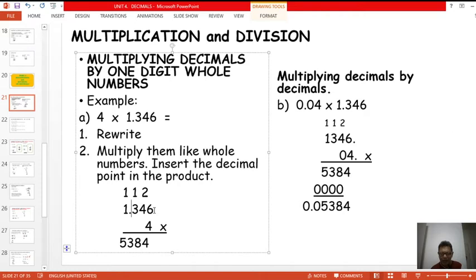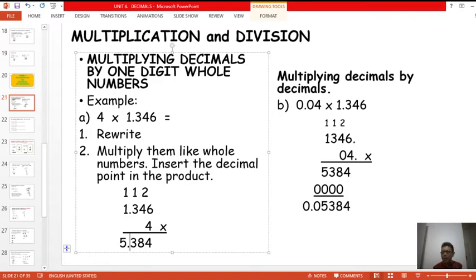We get 3: 1, 2, 3. So the same thing you're gonna do here: 1, 2, 3. You move back your decimal point 3 decimal places, and that's how you get the answer.